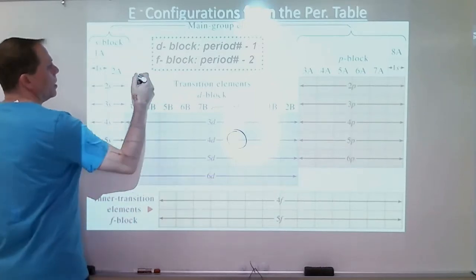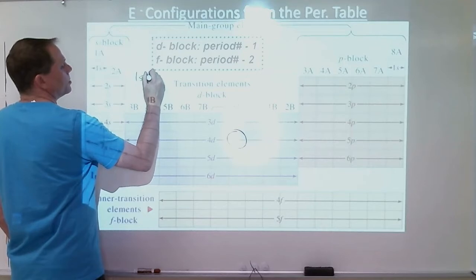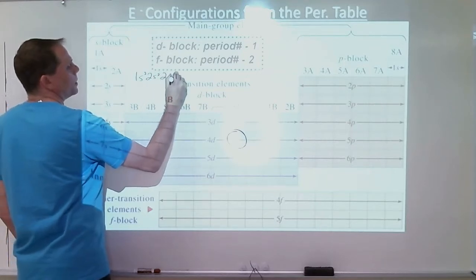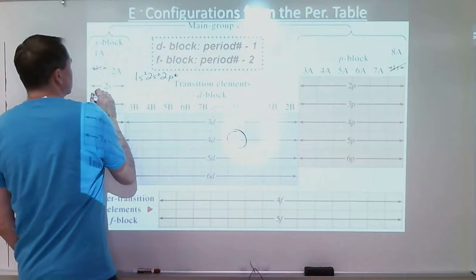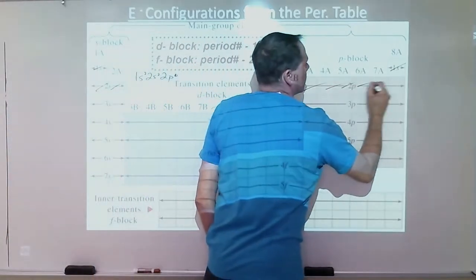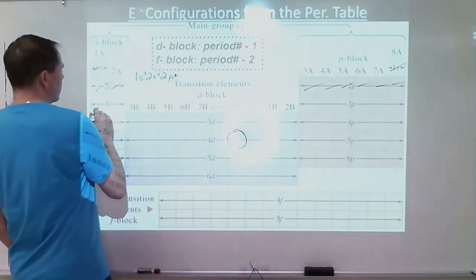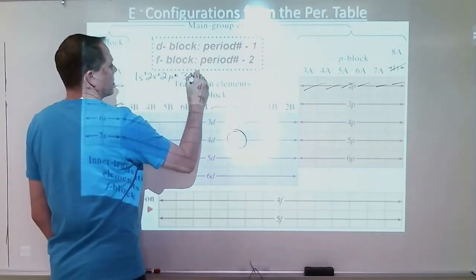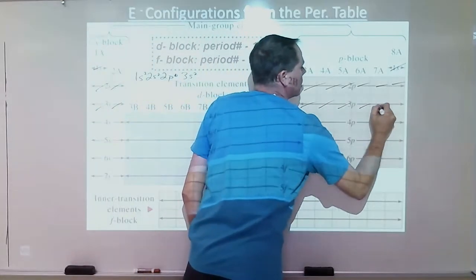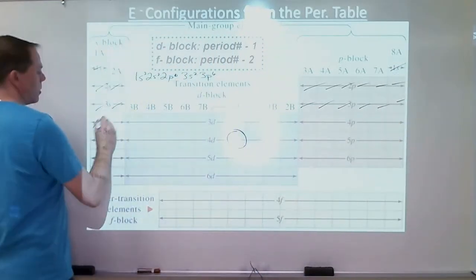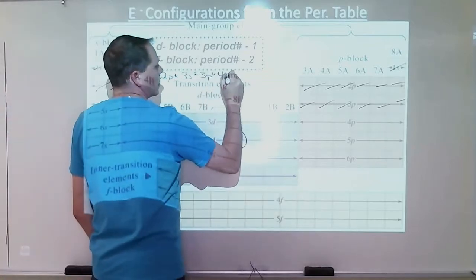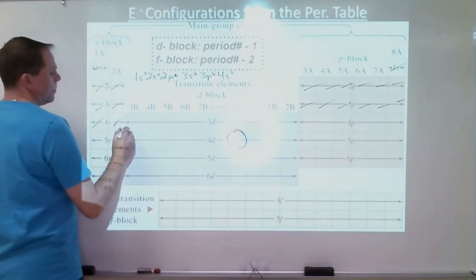Where am I going to write it out? Not much room here. 1s2, 2s2, 2p6. Where am I so far? 1s2, 2s2, 2p6, 3s2, 3p. There's 6 of those. 6. 4s2. Just going across.